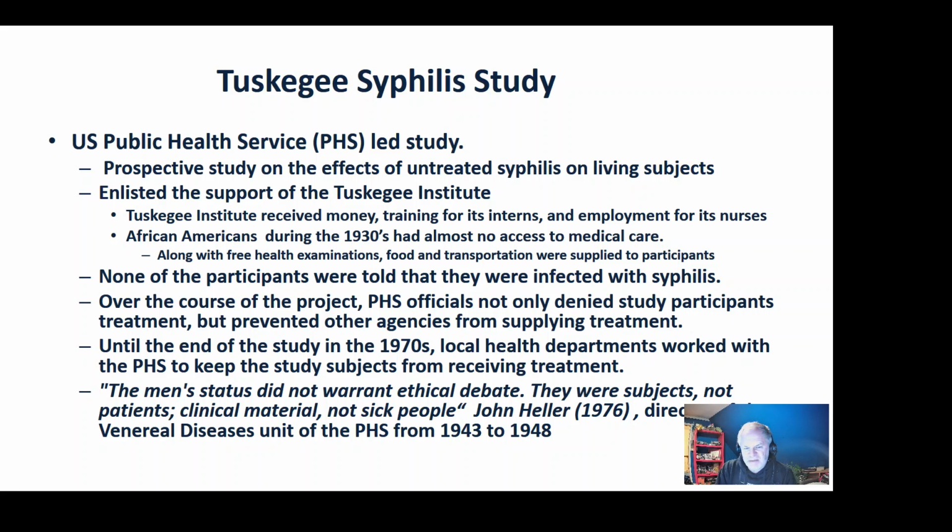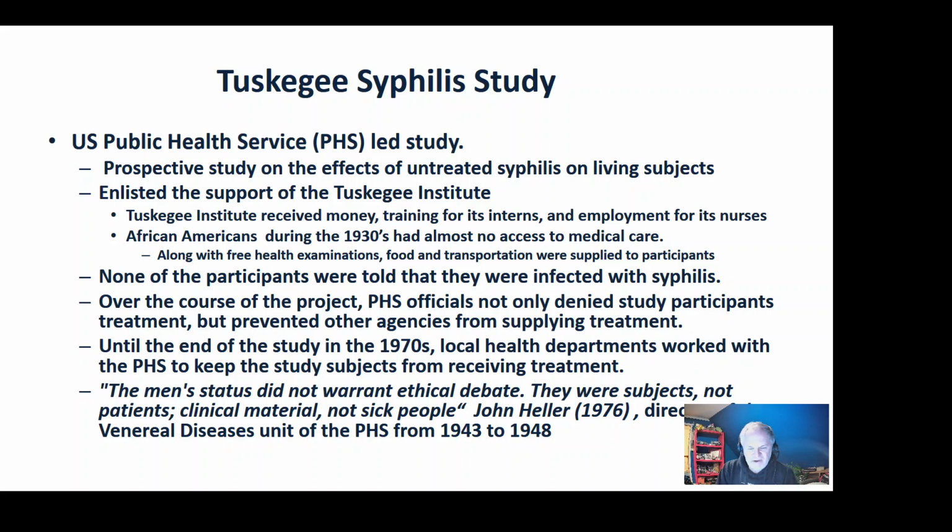And the researchers came in with nurses and doctors and offered the residents free access to dental care, routine health checkups, and treatment for minor health conditions. But while these people were getting treated, they thought they were getting health care provided to them.